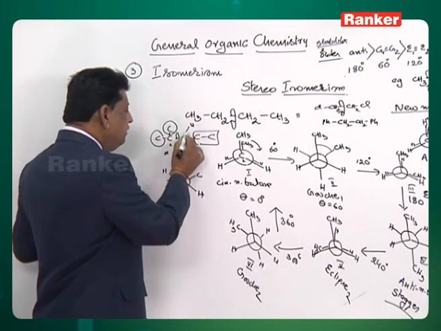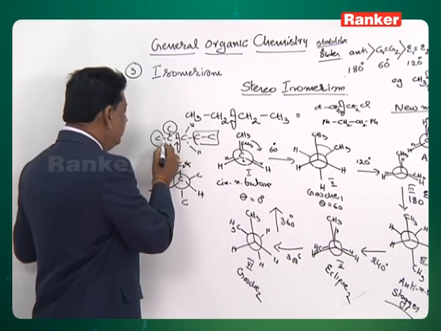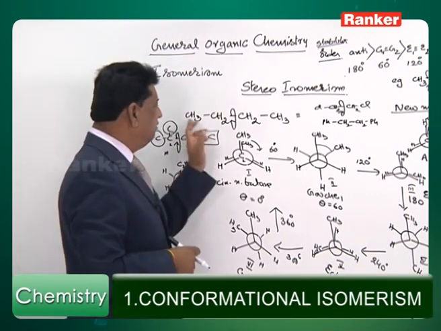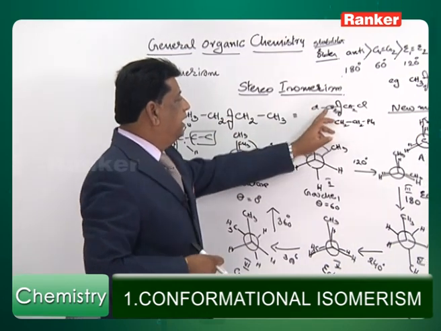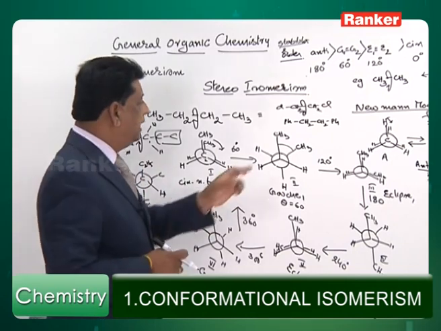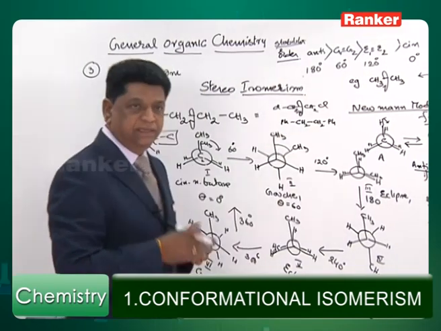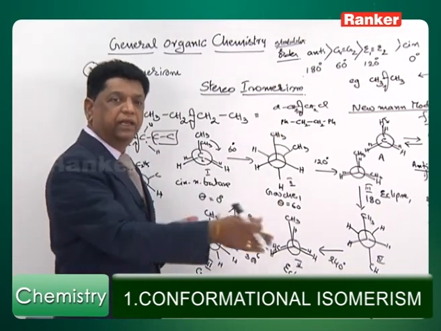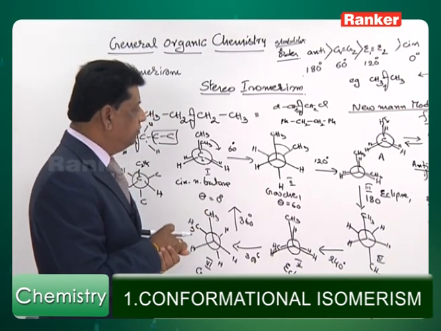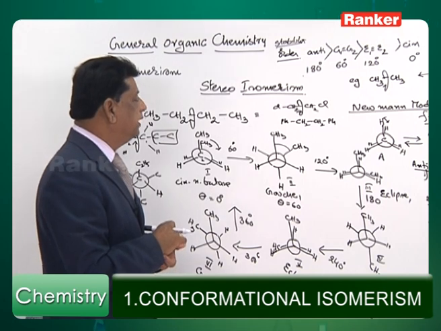I can rotate this one and that one and write the conformational isomers. But for a given compound like n-butane or dichloro, diphenyl, better to rotate the center carbon and get all the meaningful conformers, that is syn, gauche, eclipse and the anti-conformers, in which the anti-conformer will be the most stable one, right?